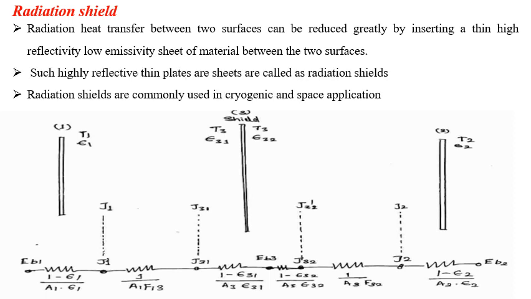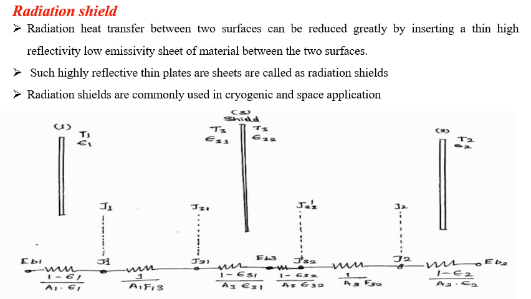In the figure you can see there are two plates, 1 and 2, and in between one thin shield is inserted, and you can see how the electrical analogy circuit is drawn.